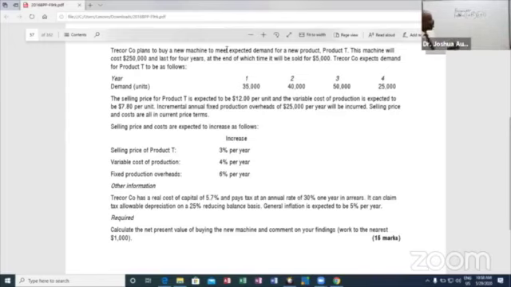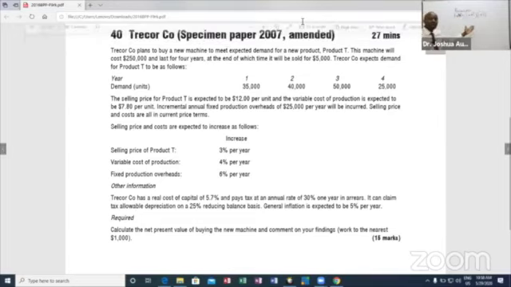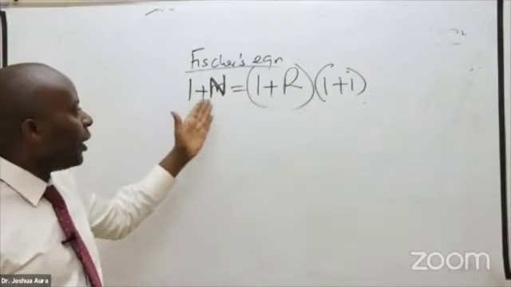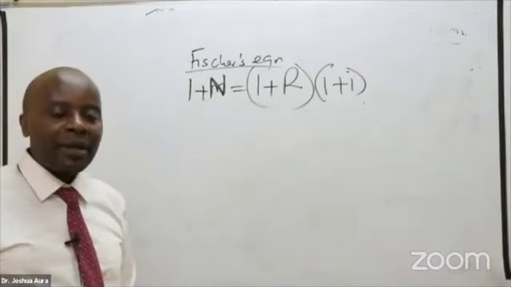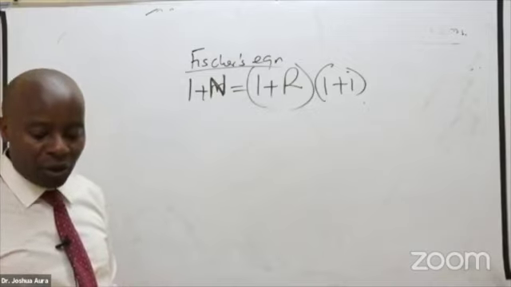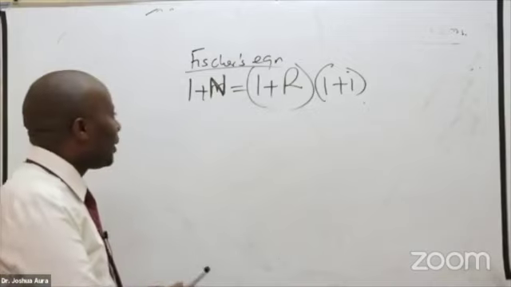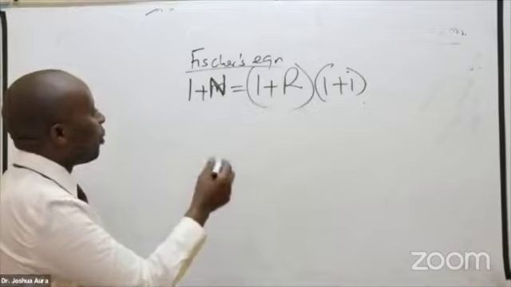Because this examiner has given me the real cost of capital, I would want to start by ascertaining the nominal cost of capital. I'm writing on the table here, the nominal cost of capital.